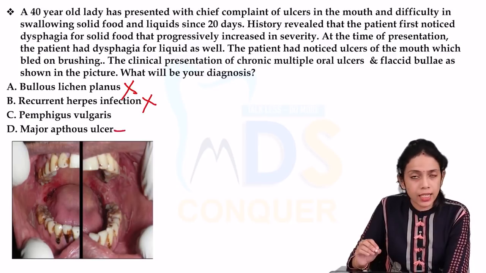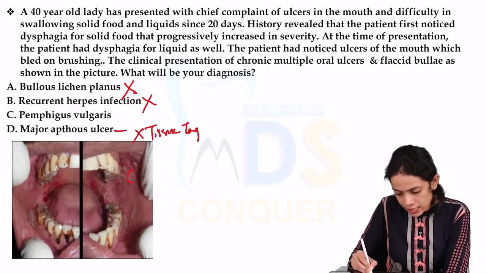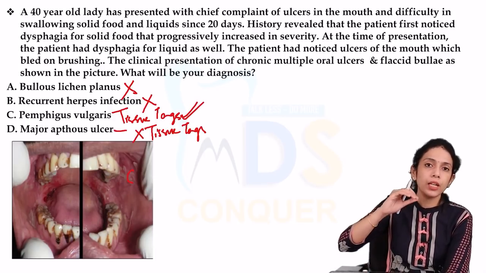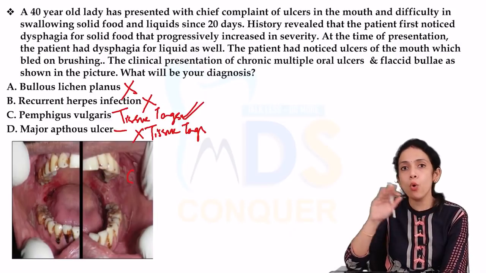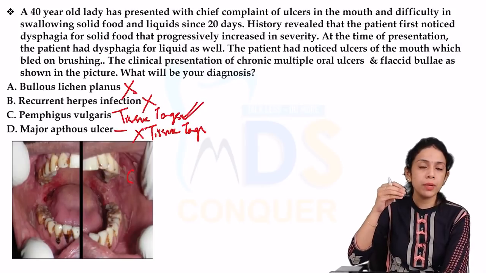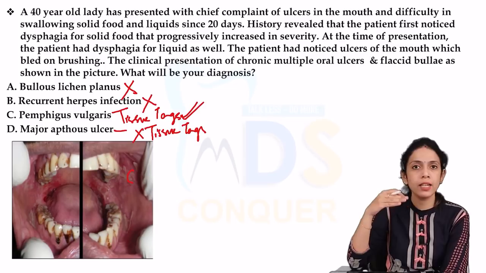In major aphthous ulcer there will be no tissue tags, whereas tissue tags will be there in pemphigus vulgaris. In aphthous ulcer it is just an ulcer covered by a slough and surrounded by an erythematous halo. There will be no tissue tags. Whereas in pemphigus vulgaris, because of the suprabasilar split, the epithelium will hang over the ulcer like a tag.